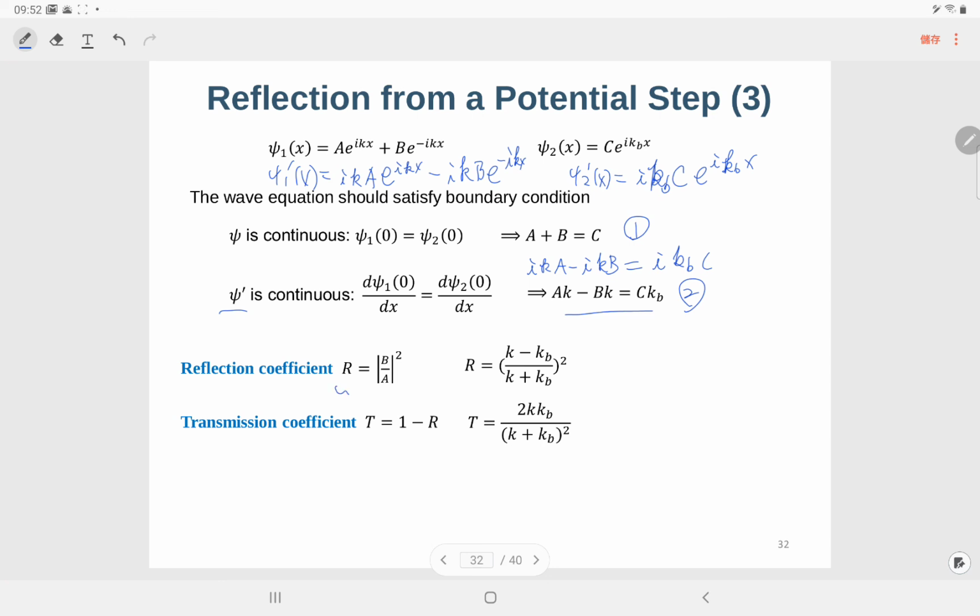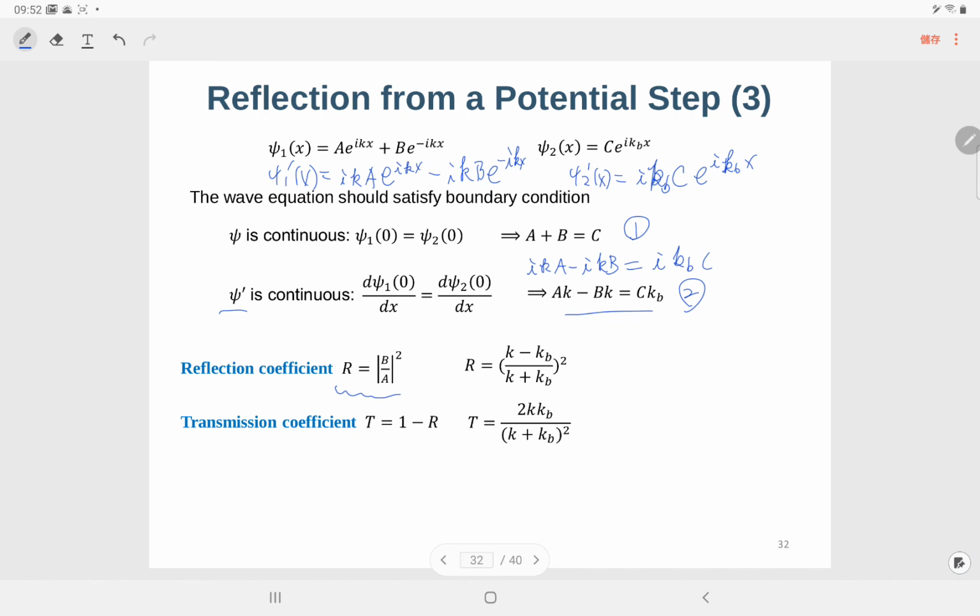And the reflection coefficient is b over a, taking the absolute value squared, and it will become k minus kb over k plus kb, and then take the square.